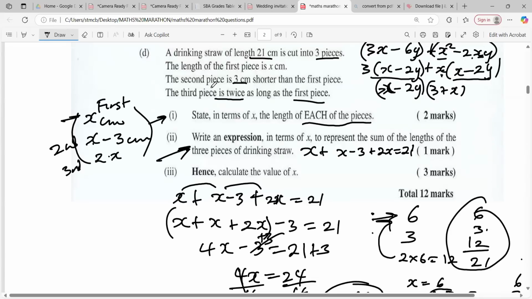They said the second piece is 3 centimeters shorter. So we don't know x, but whatever it is, it's 3 centimeters shorter. That means it's going to be x minus 3. And then they said the third piece is twice as long as the first, whether you want to add x plus x to give you 2x, or just simply say it will be 2 times x. Because twice means double it.